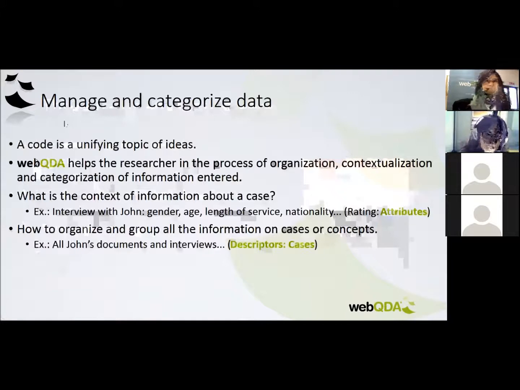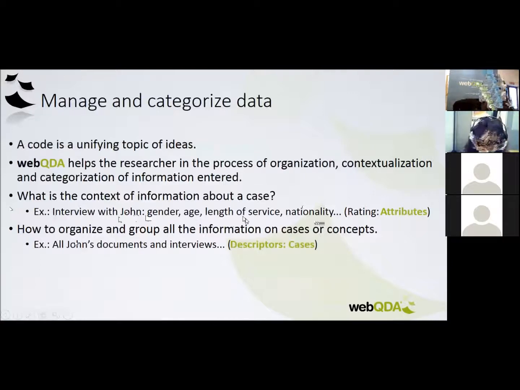And using webQDA, using coding, we may have information like this. So in the interview with John, what's his gender, age, length of service, nationality, etc. And to identify this information, we will have to use the tool attributes.